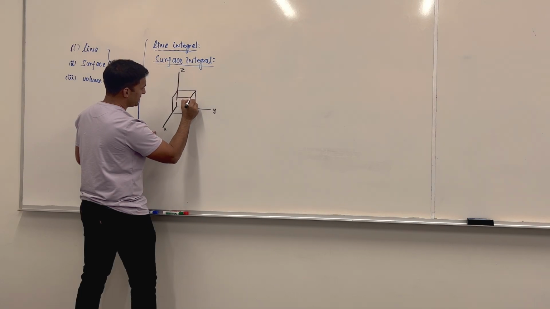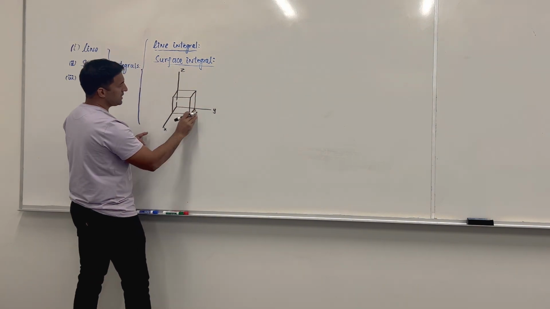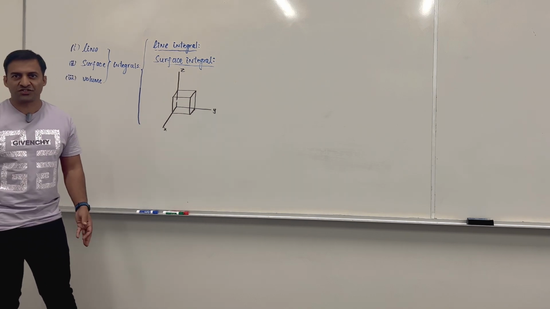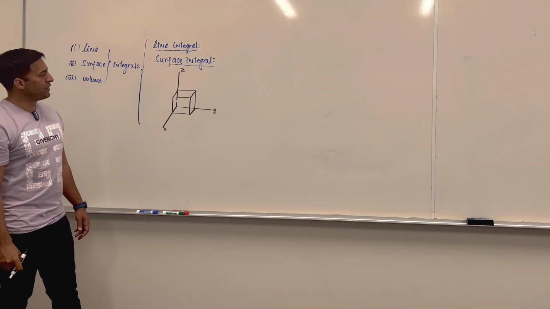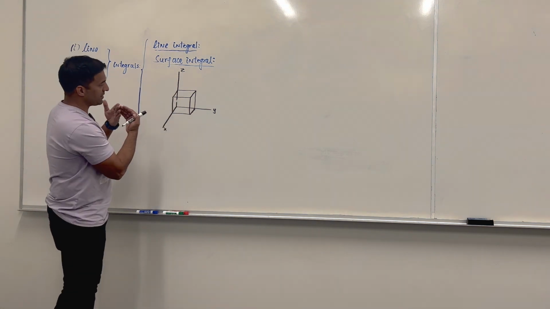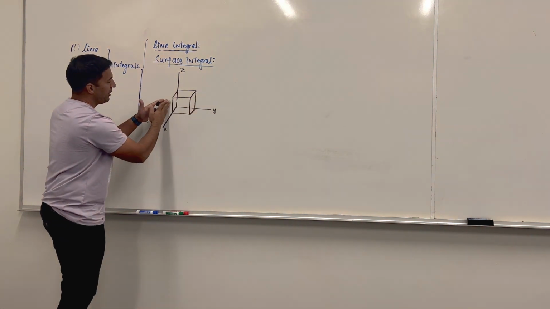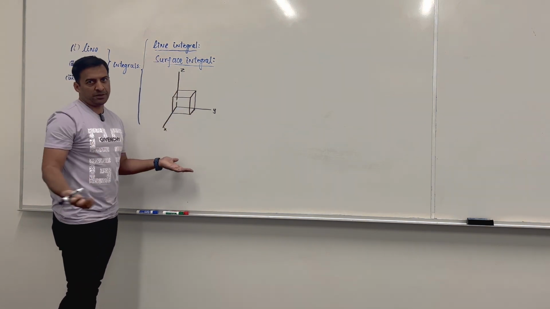Not really a good cube, but still a cube. So this is our cube. It has 6 surfaces because it has 6 sides. So each side is a surface. We can now name them: the first surface is coming out of the board, the second surface is going into the board, the third surface is going to the right, the fourth is going to the left, and then we have top and bottom, 6 surfaces.